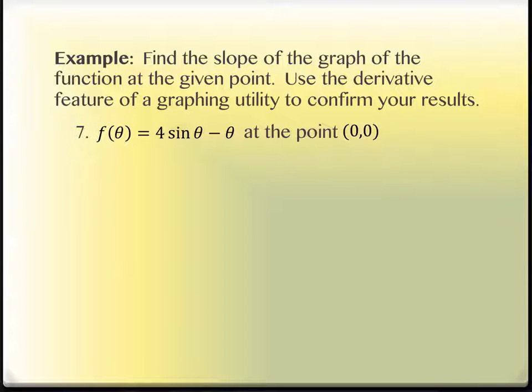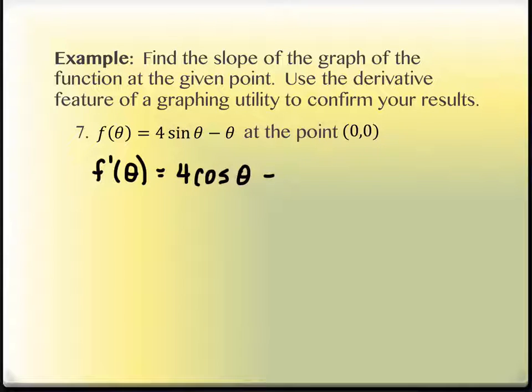So this one says f of theta. Remember, theta is just a variable like saying f of x. So we're going to find f prime of theta. So what is the derivative of 4 sine of theta? 4 cosine theta, very good. And then the theta at the end is just a variable.